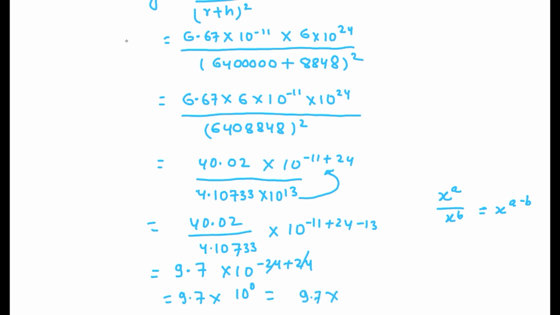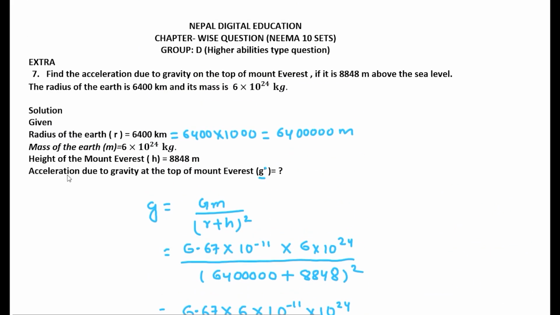We have the indices rule x power 0 means 1, so it becomes 9.7. This is the required value of g, and we know that the unit of g is meter per square second. So this is the required value of g, acceleration due to gravity at the top of Mount Everest.